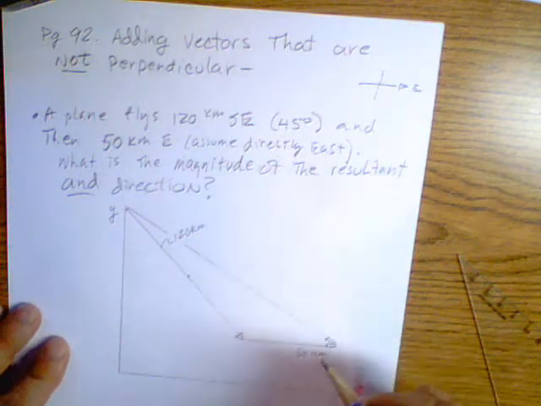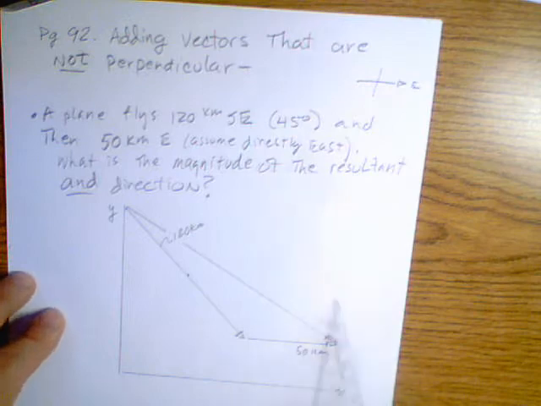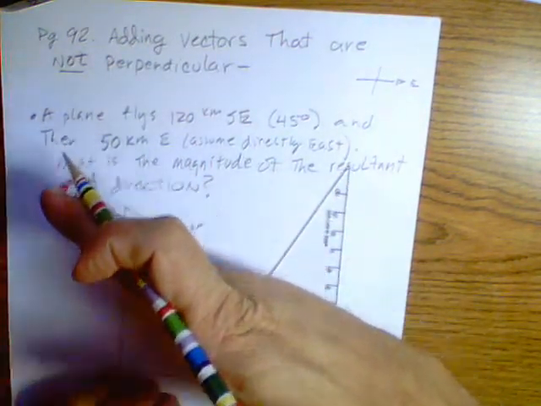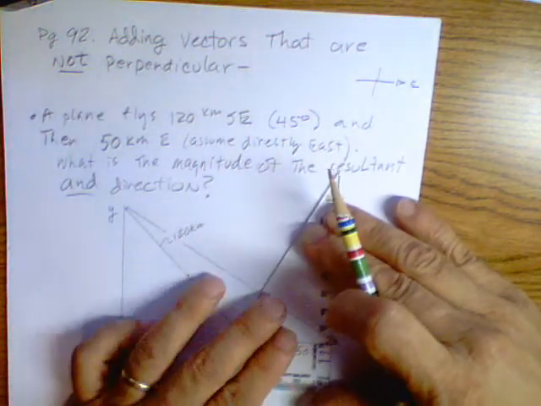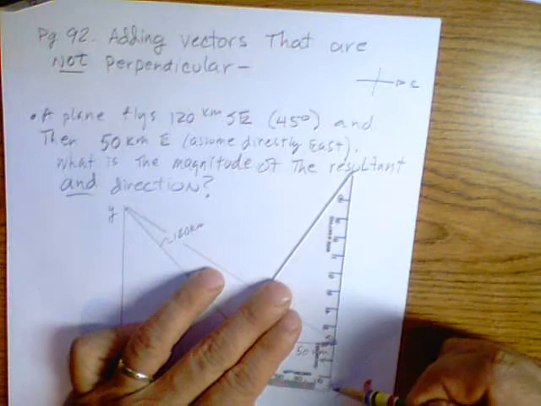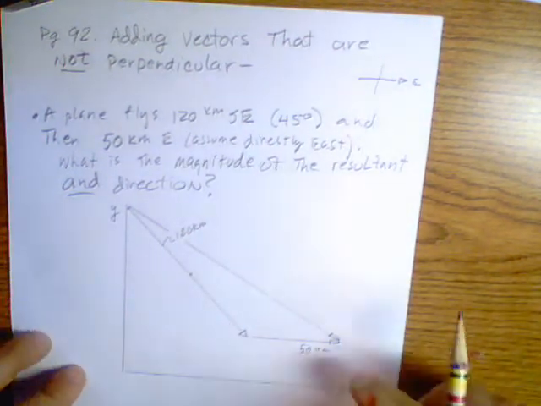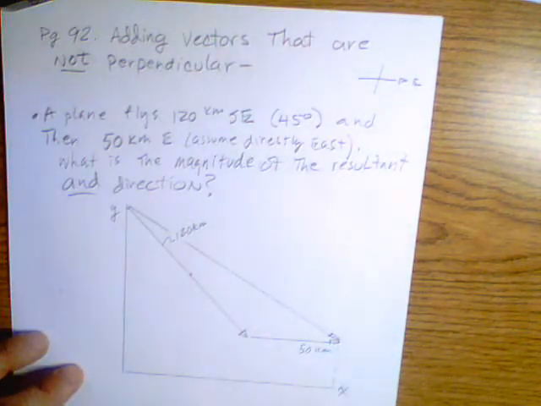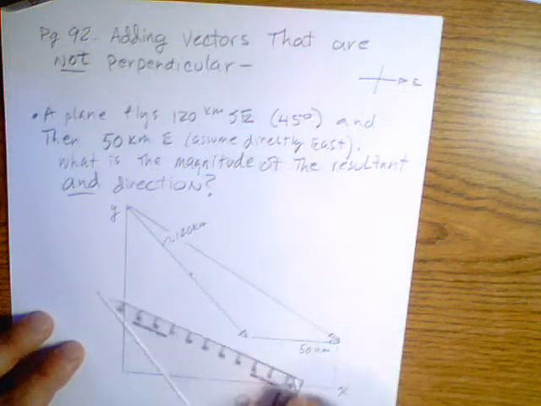So what we're basically going to do is move this vector, and we already know that we can move these vectors around. We're going to imagine that this vector is right along this x-axis, and then if we move this vector right along this x-axis, then we have a right triangle, don't we?